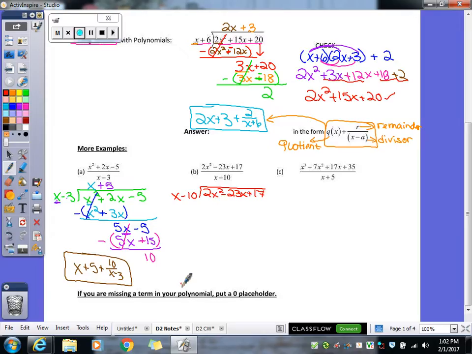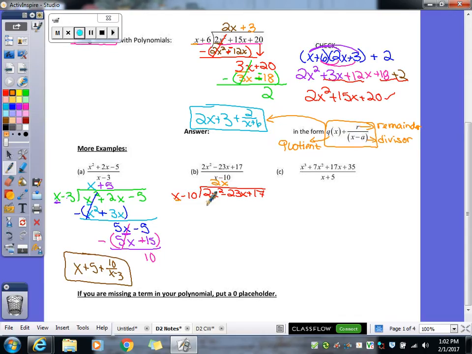So again, divisor goes out in front, so our x minus 10 is out in front of our division sign. Then we put our dividend underneath, our 2x squared minus 23x plus 17. So what times x gives us a 2x squared? 2x.